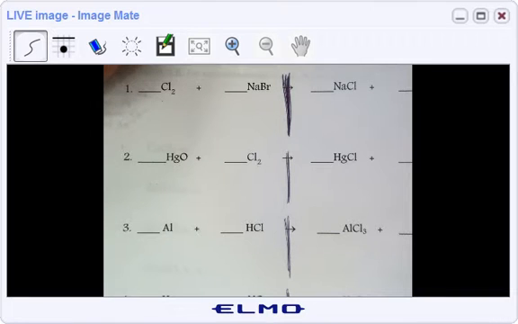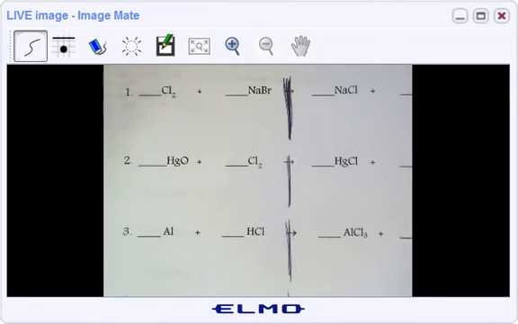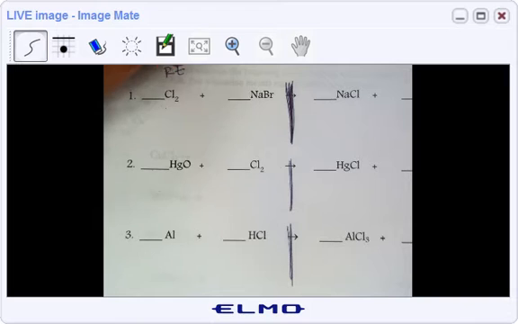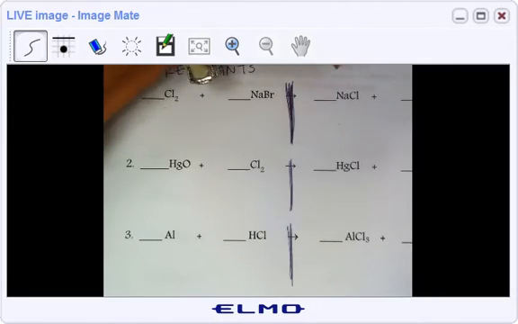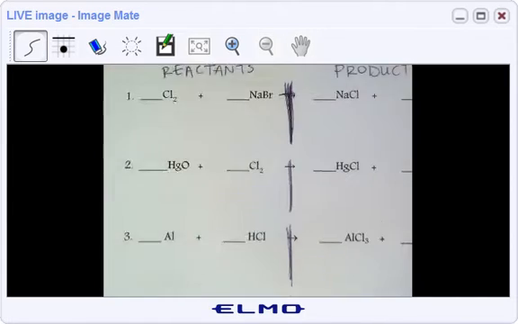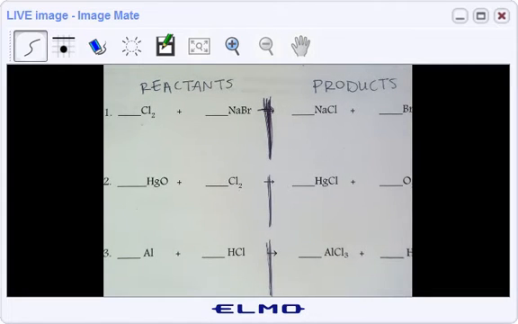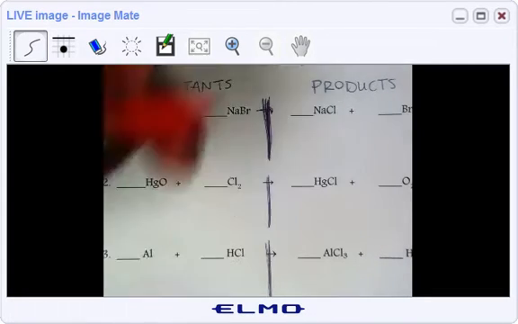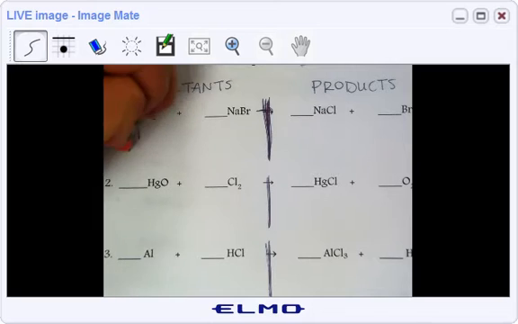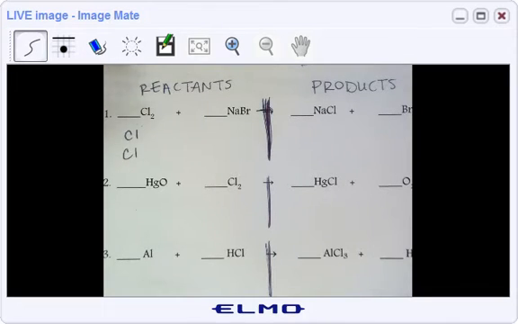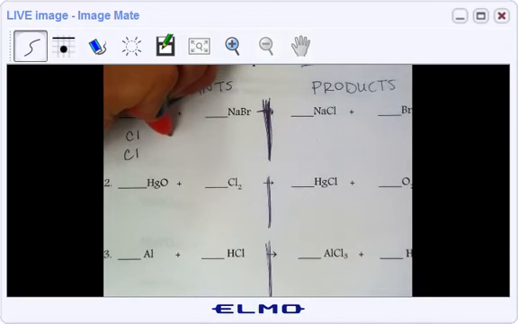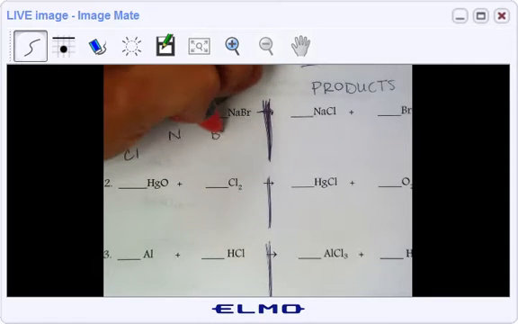So the left side of the arrow always will be your reactants. After the arrow will be your products. And that goes for every single chemical reaction. Here's one way to balance, and if you have your own way to balance that you're more comfortable with, then go ahead and do it your own way.